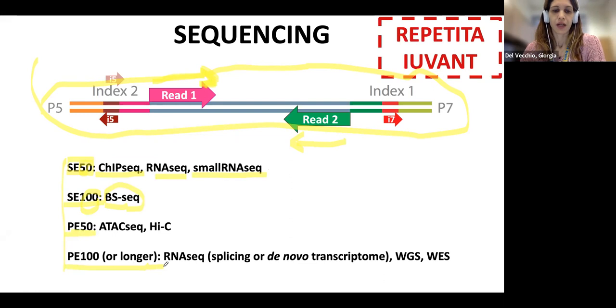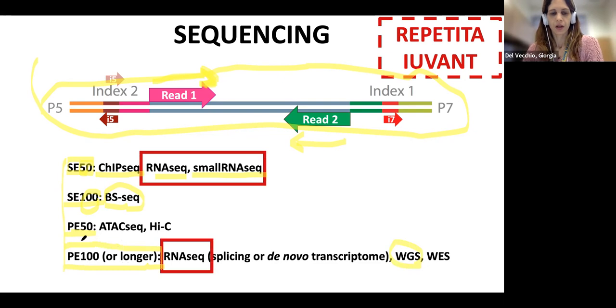And if we are looking at the splicing or the novel transcriptome or the whole genome sequencing, paired end 100 or longer is necessary, okay? Okay, so today we will focus on the RNA, so RNA-seq and small RNA-seq. So it can be in the range of single end 50 or the RNA-seq for splicing and transcriptome.